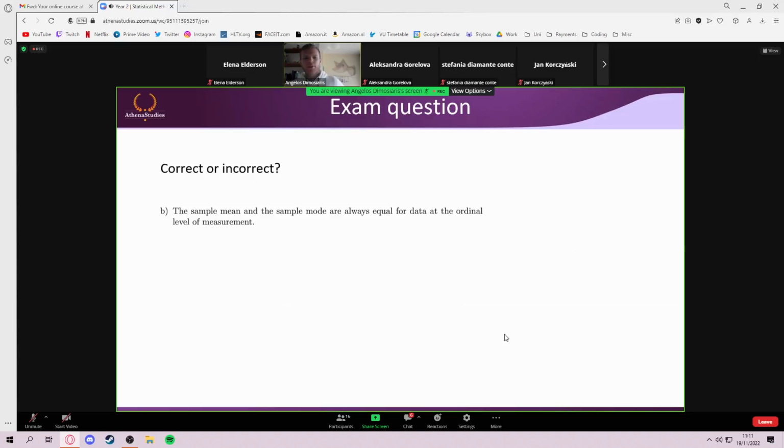Cool. So let's practice. The sample mean and the sample mode are always equal for data at the ordinal level of measurement. Is it true or not? Have one no. Have one I don't know.